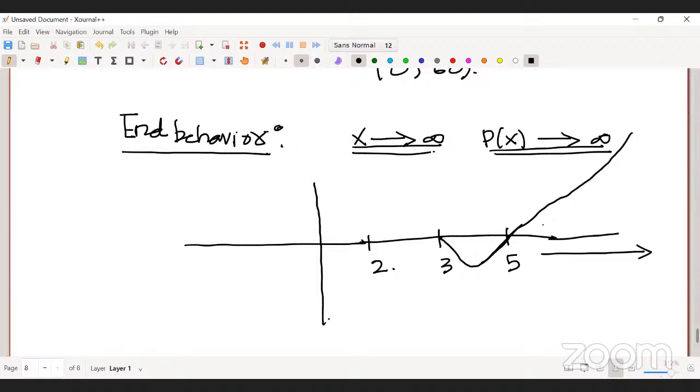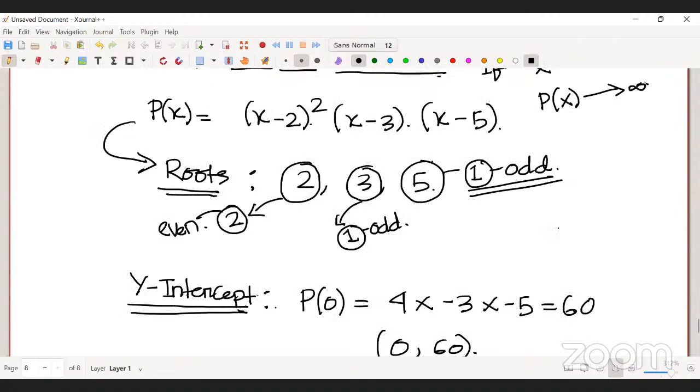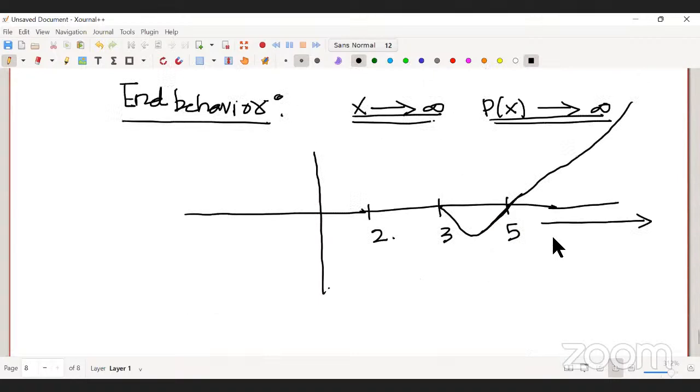But again, I don't know whether it will cross at 3 or bounce back. For that, I have to check the multiplicity of 3. What is the multiplicity of 3 here? It's odd. Again, it will cross the x-axis and come back to 2.